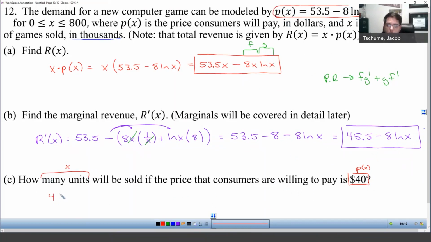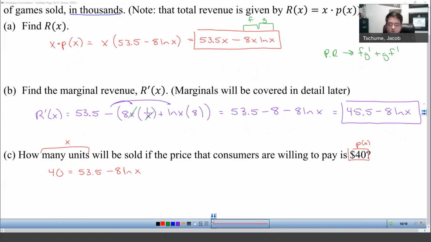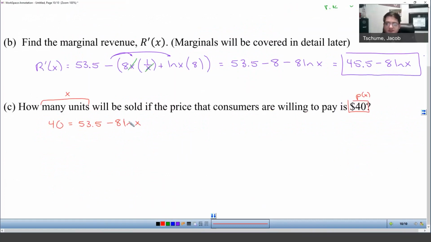So this will be 40 equals 53.5 minus 8 times the natural log of x. I'm going to scroll down so I have some room to work. If I solve for x here, the first thing I will do is subtract 53.5 from both sides. So 40 minus 53.5 is negative 13.5 equals negative 8 times the natural log of x.